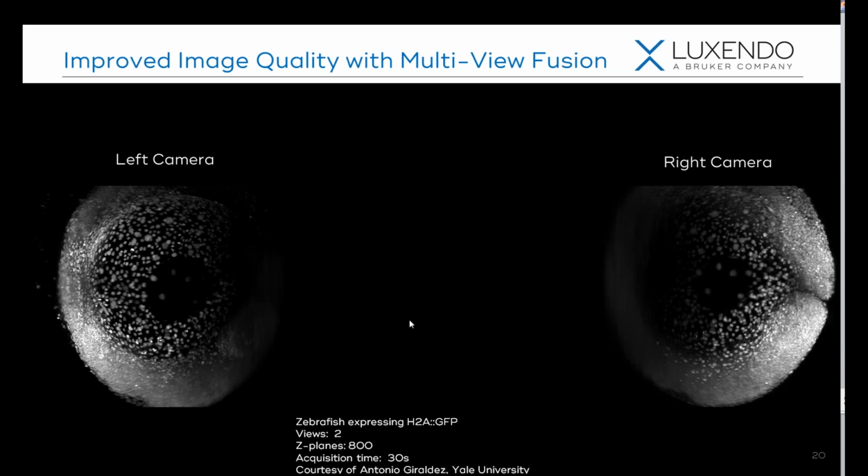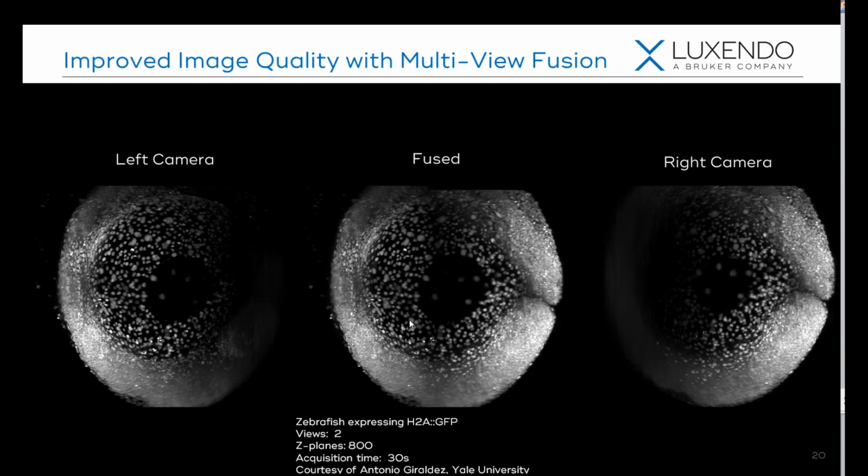However, by taking these two images with our proprietary 3D Fusion software, we can create a single high-resolution fused image, allowing us to get a great image of this sample without having to stop and rotate the sample. This really gives us an advantage as far as speed and image quality, because we only have to take one picture to see both sides of the sample.